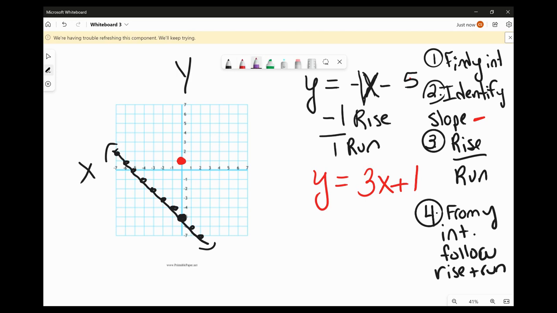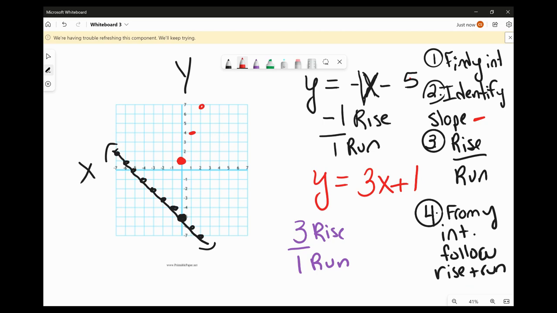I'm going to take that 3 and turn it into a fraction. Whole numbers always go over 1. If you have a fraction, you just leave it as is, and the top number would be your rise and the bottom number would be your run. So in this case, my rise is 3 and my run is 1. From the y-intercept, I'm going to rise 3, 1, 2, 3, run 1.